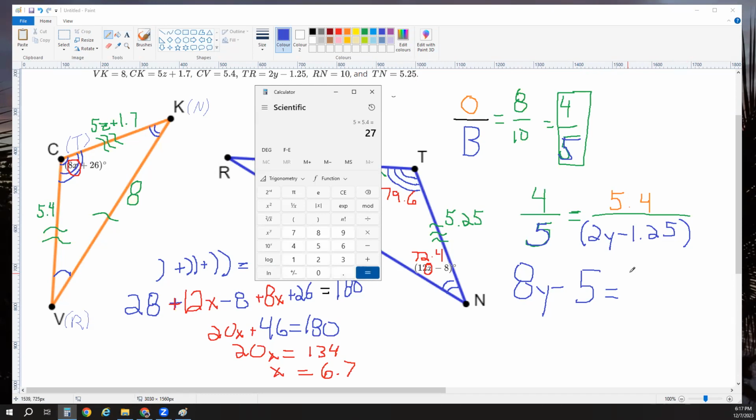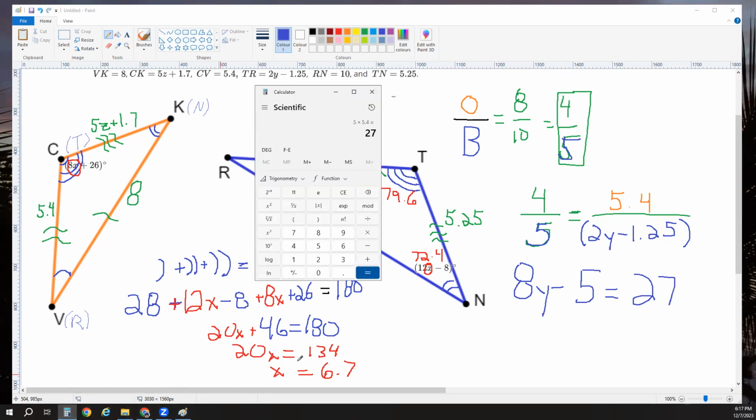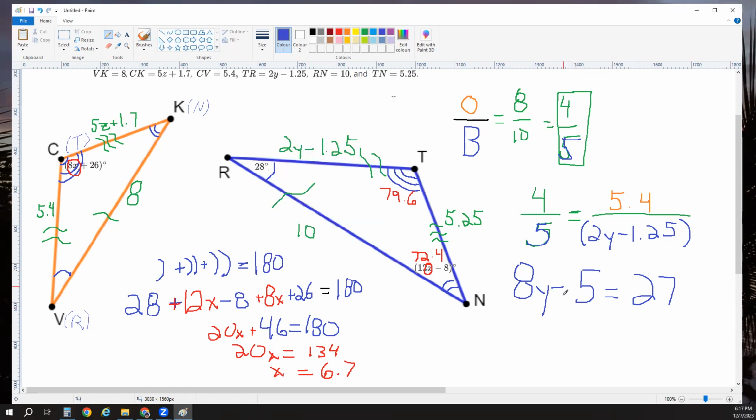That's 27. All right, I'm going to add 5 to 27 to clear from the other side. So add 5 to both sides and get rid of that. 8y equals 32.